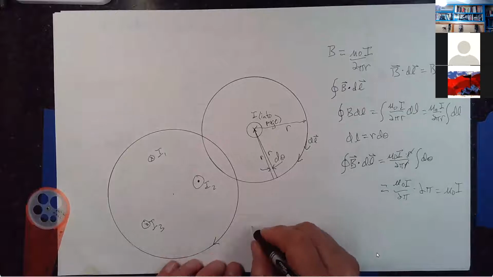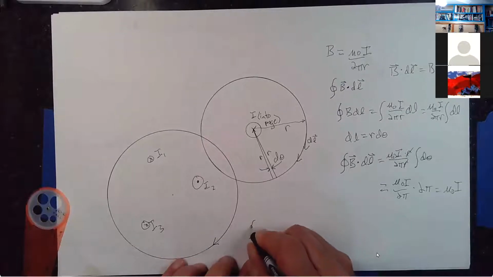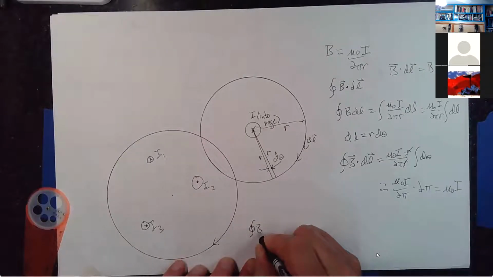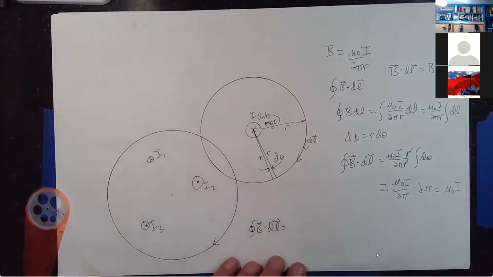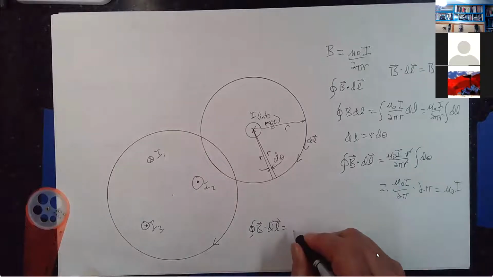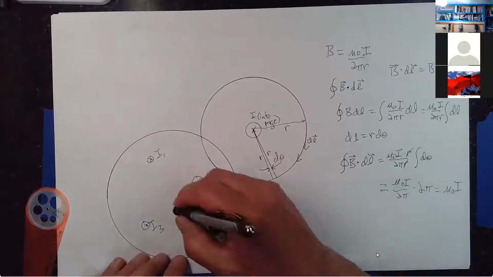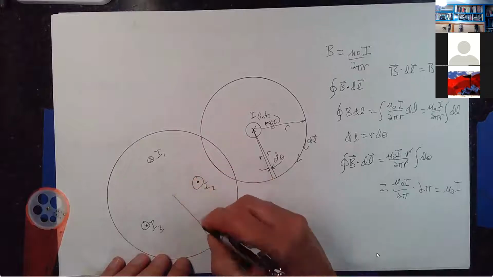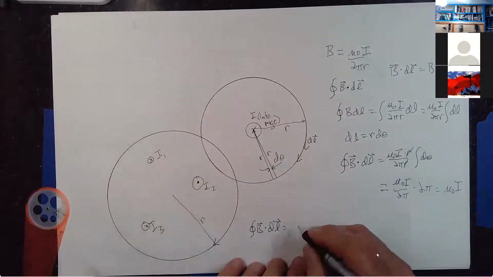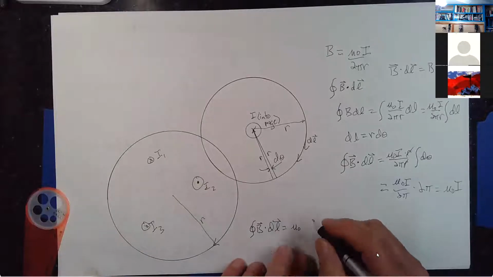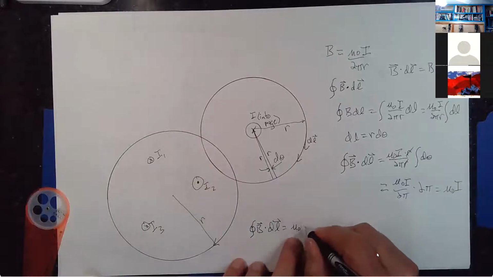When I integrate around that circular path, I would get that the integral of B dot dl is going to equal mu naught, actually, it'll end up not mattering what that thing happens to be.